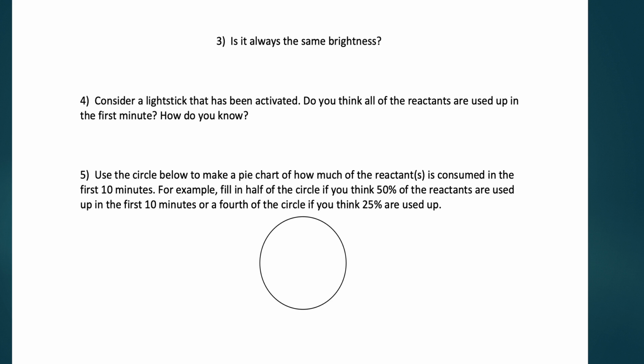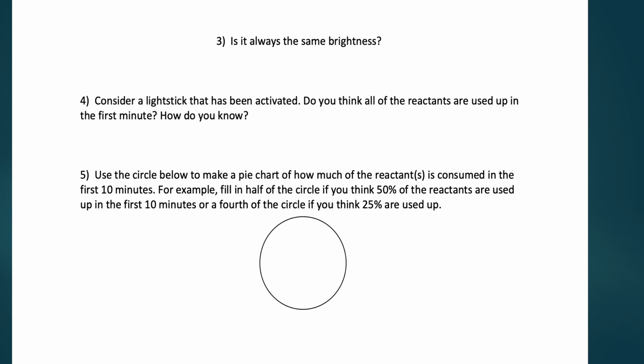At this point, I usually explain to them that there's a reaction called chemiluminescence, and I tell them that how bright it is has to do with how fast the reaction is taking place. And so that way they get a little background that the brightness of the glow stick is correlating a little bit with the rate of reaction.